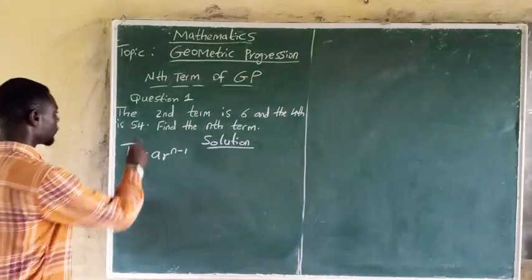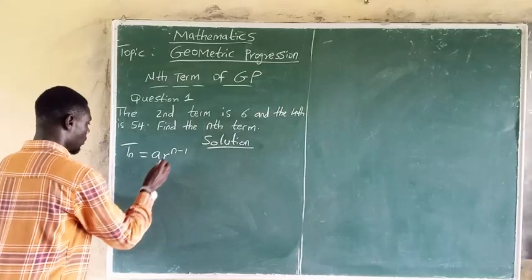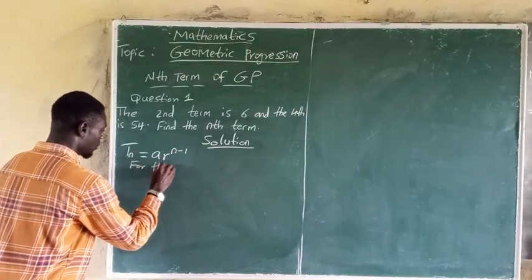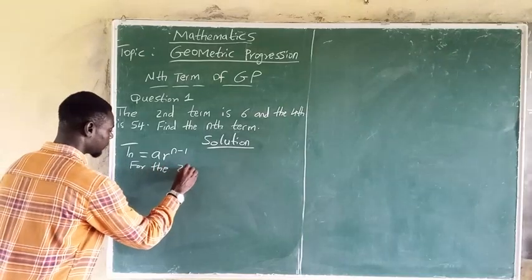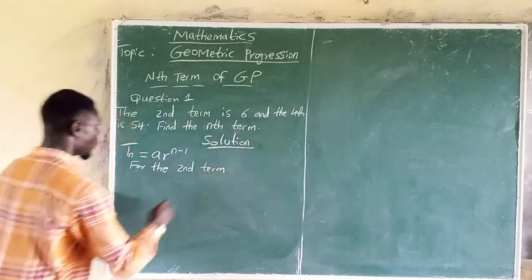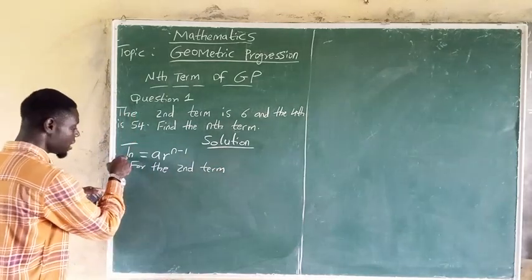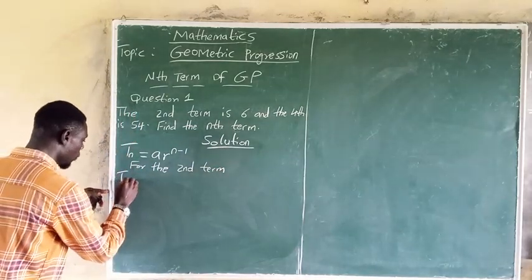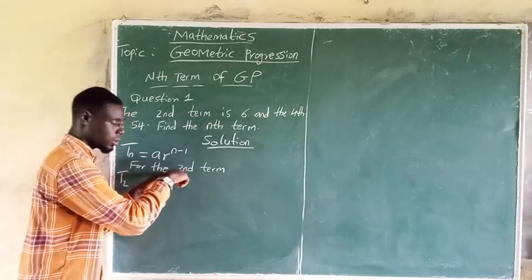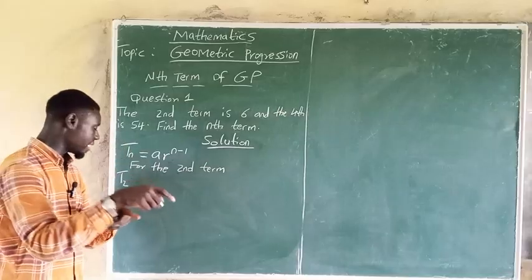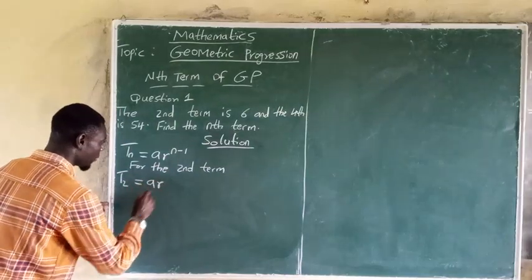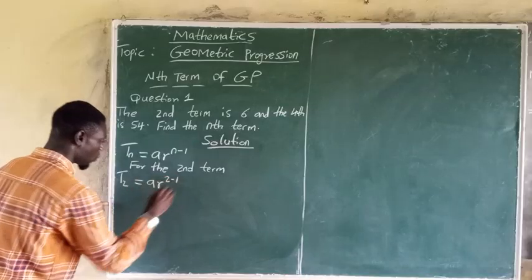So now, for the second term, using this formula, T sub 2, because for the second term n is 2. Second means 2, so anywhere we see n, we replace it with 2. It's equal to A R raised to the power of 2 minus 1.